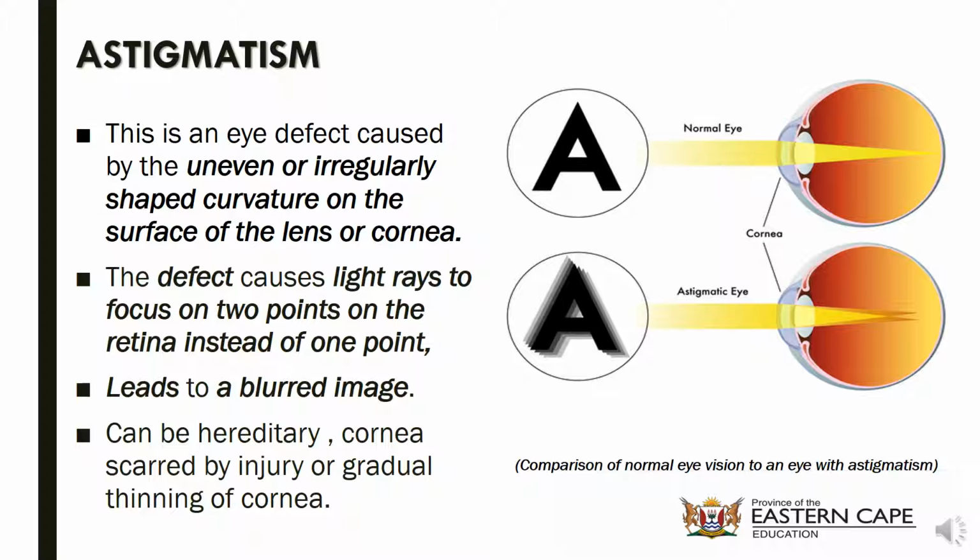And what could be the cause of astigmatism? It could be hereditary, or your cornea could be scarred by injury for whatever reason, maybe through contact sport or a bash, and therefore it moves out of focus a bit, or it's just the gradual thinning of the cornea that would happen over time.